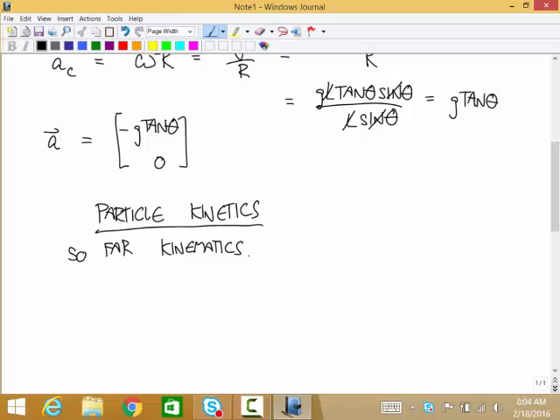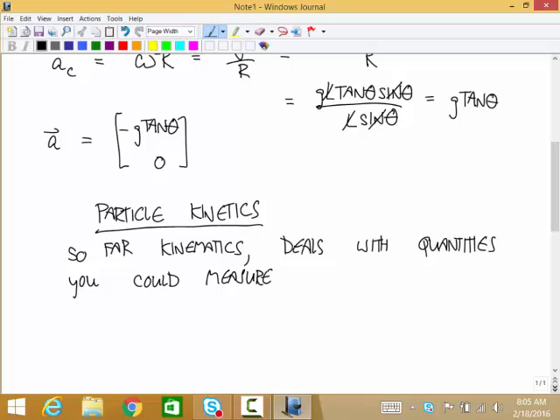Kinematics deals with quantities you could measure from a video of an object's motion.